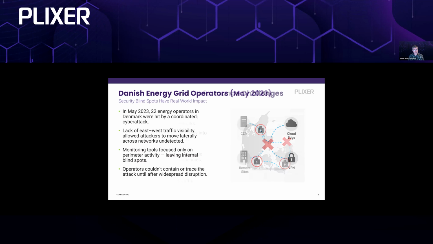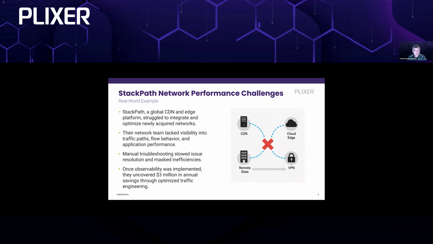Now, we look at network. If you are familiar with some of the CDNs in the world, StackPath is a fairly big one. A while back, they were acquiring other CDNs and expanding, doing very well, but they didn't plan their growth appropriately in terms of tooling or efficiencies. And so they ended up having to spend massive amounts of time troubleshooting, which really slowed their growth and cost them lots and lots of money in downtime and whatnot.